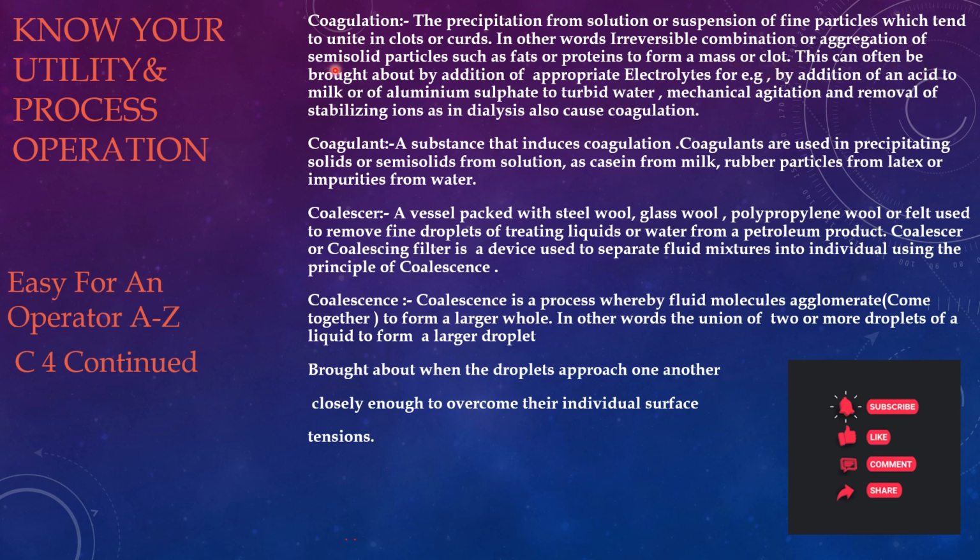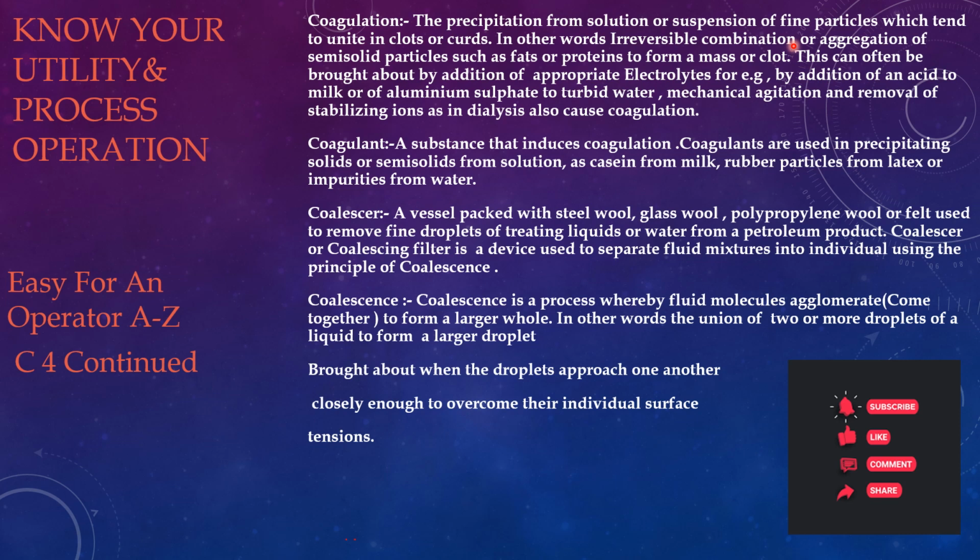This can often be brought about by addition of appropriate electrolytes, for example, by addition of an acid to milk or of aluminum sulfate to turbid water. Mechanical agitation and removal of stabilizing ions, as in dialysis, also cause coagulation.